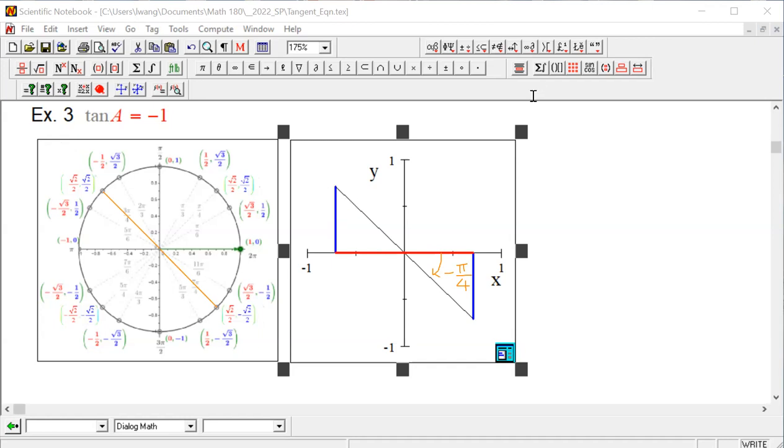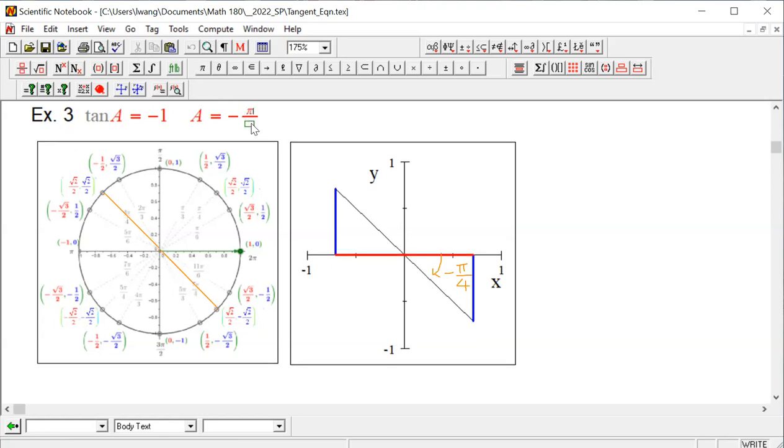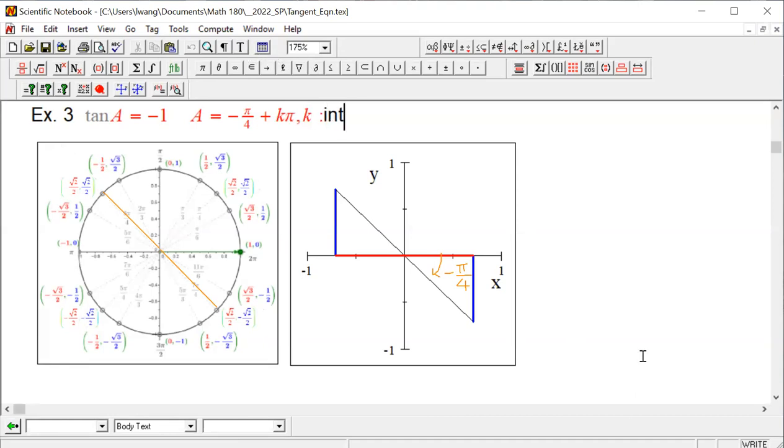So the solution is negative pi over 4 plus k pi, and k being any integer. That's it. Okay, so method 2 and method 1 together.